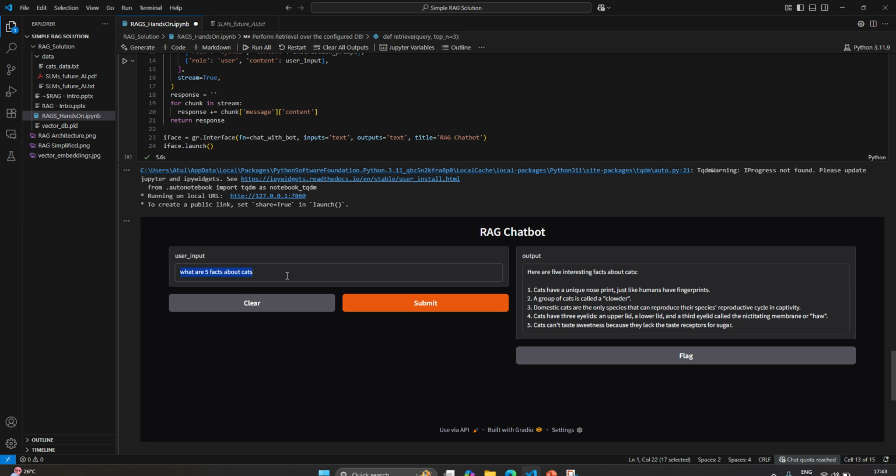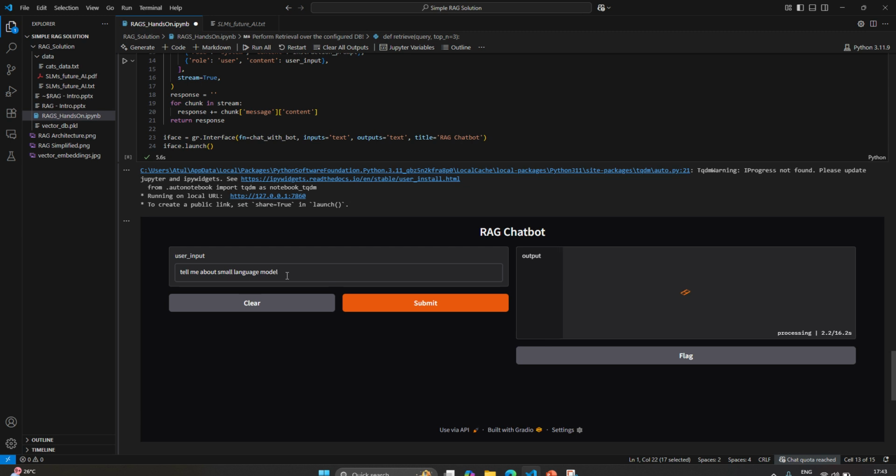Okay. Now let's ask, tell me about small language model. Let's see, because I have fed in the small language model as the future of agentic AI research paper as well, right? So it should tell me some of the details at least.